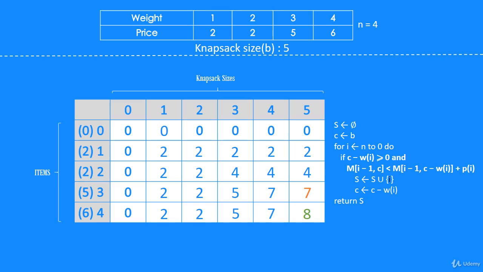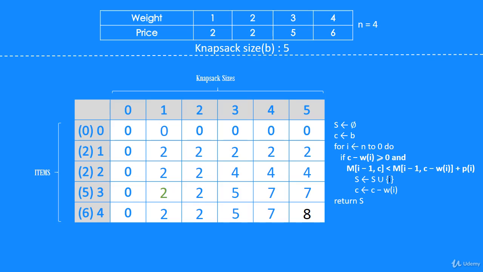If the value of this cell is bigger, we add this item to our solution and move left by the weight of our item. If it is equal to the number above, we just move 1 row above. So let's do this. 8 is bigger than 7, so we add this item to our solution and move 4 cells to the left and 1 cell above.